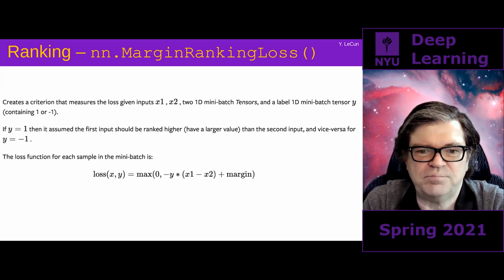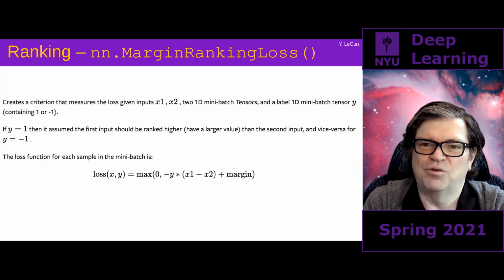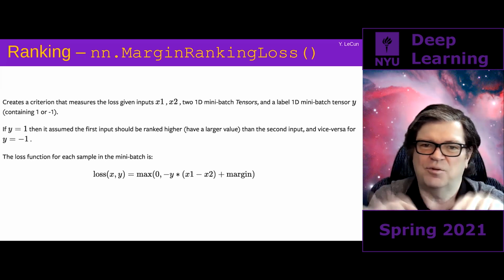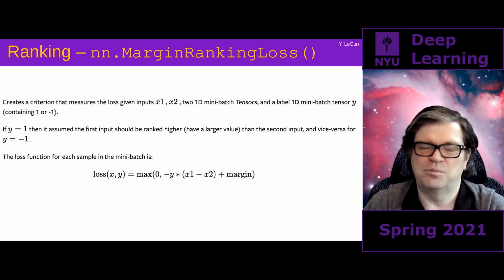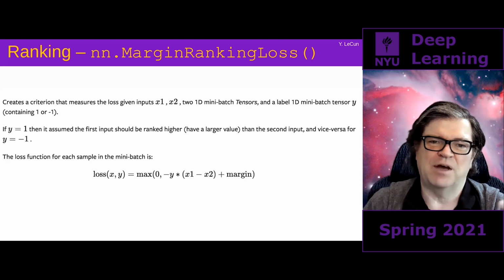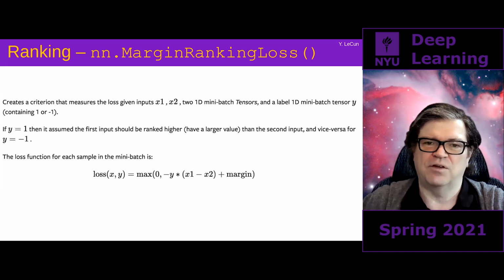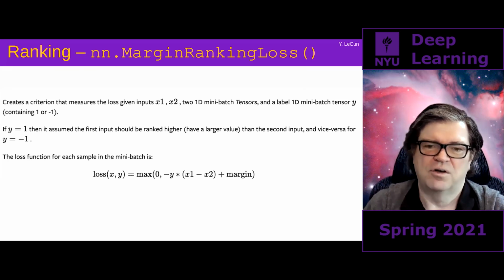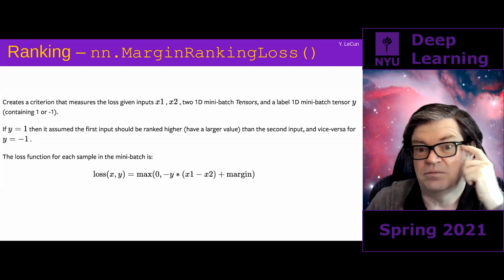Okay, so that's another one of those losses that only cares about differences between scores, not absolute values. But it's not like softmax because it doesn't take into account the entire set of outputs. It only takes a pair.